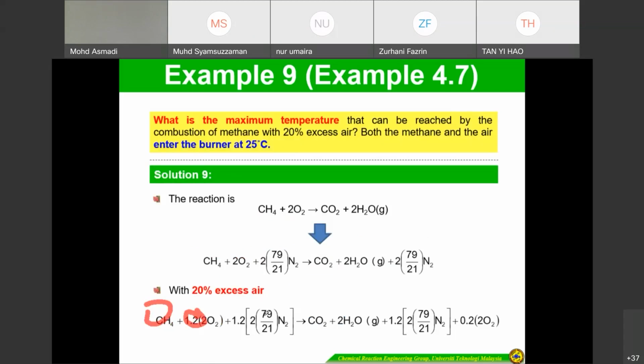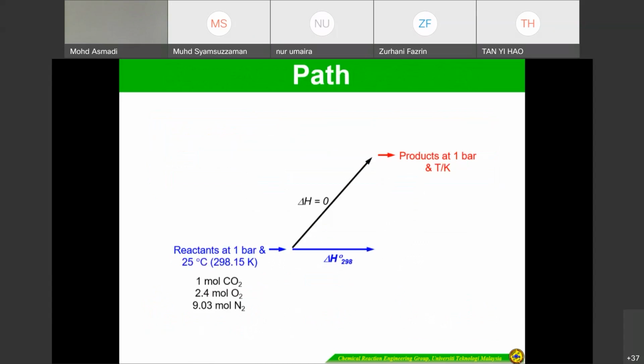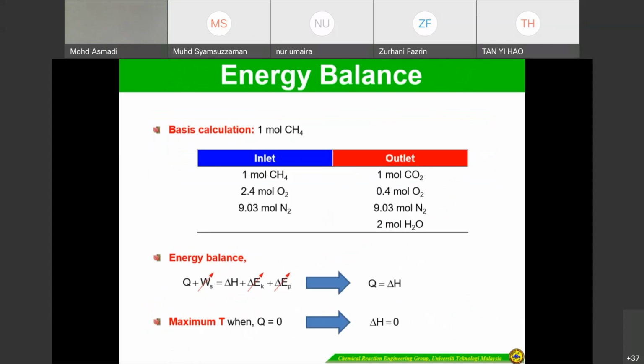And this one is 9, and the exit is 1; this one you have to calculate because you have to include it. When you calculate using the temperature dependence of the equations, you have to use this one. So this is the number of moles. Q equal to delta H maximum when Q equal to 0.